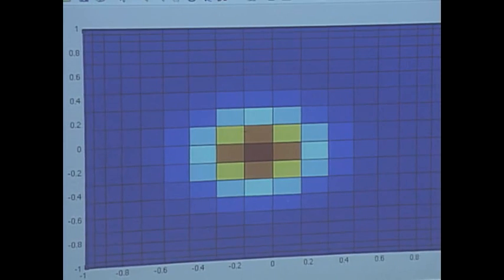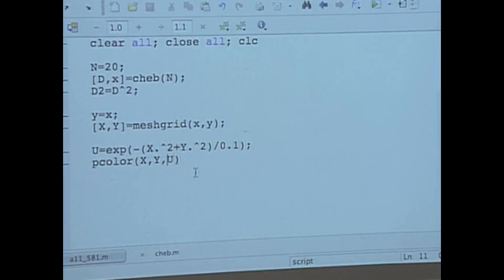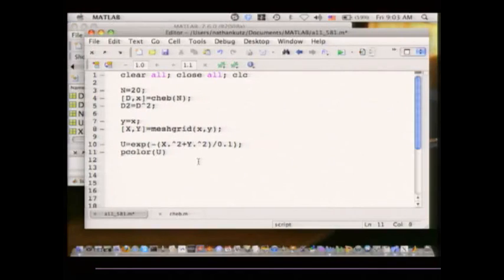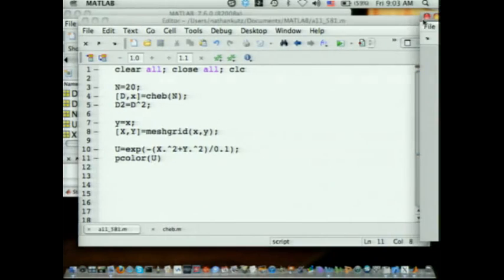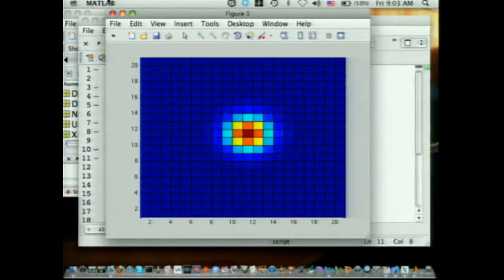Sometimes you might do the following. pcolor(u). Now, why would you do this? Well, normally, you'd say, I'll put in my xy coordinates. Who cares? If it's evenly spaced points, pcolor(u) and pcolor with x, y, u will look the same. But now, when you do this, here's what it looks like. And this is wrong.